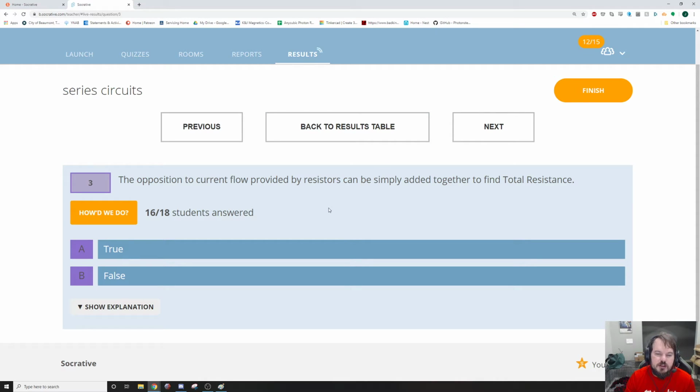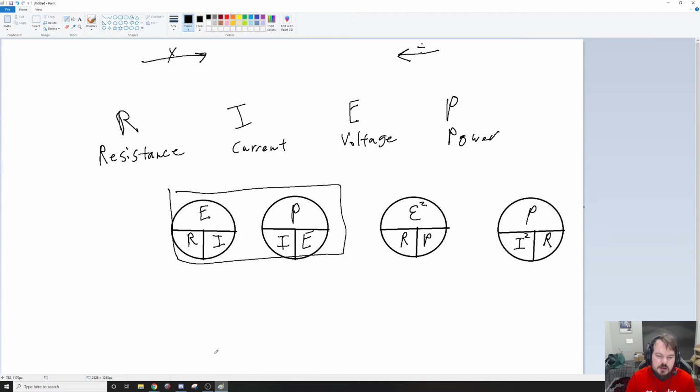The opposition to current flow provided by resistors can simply be added together. Yes. So, going back through this, I'm probably going to handle a couple questions here. We have covered how you go across the rows on the charts, and you're just going to create more rows for every circuit component that you have.